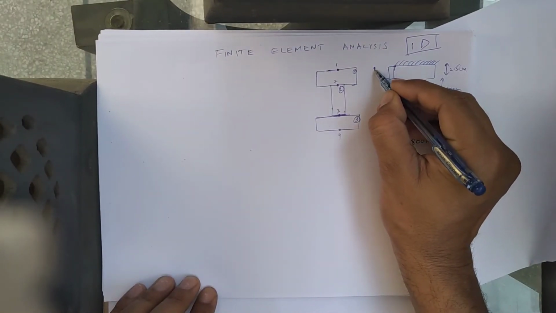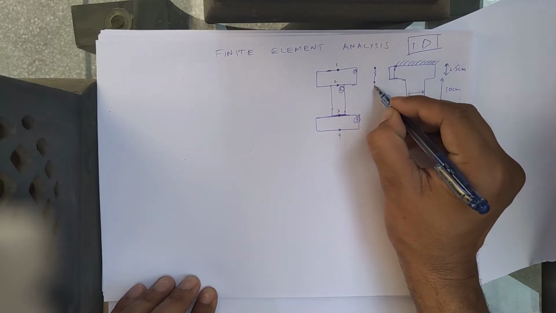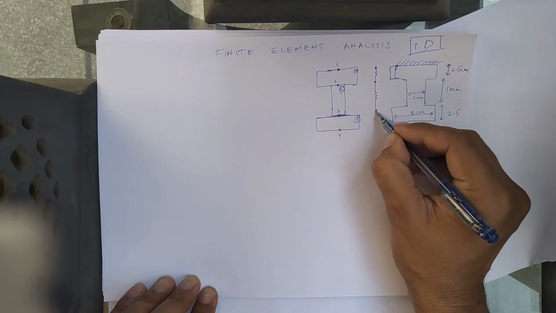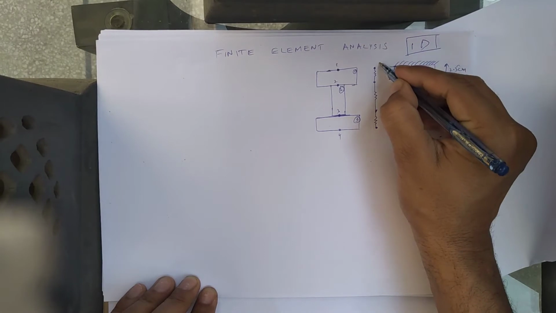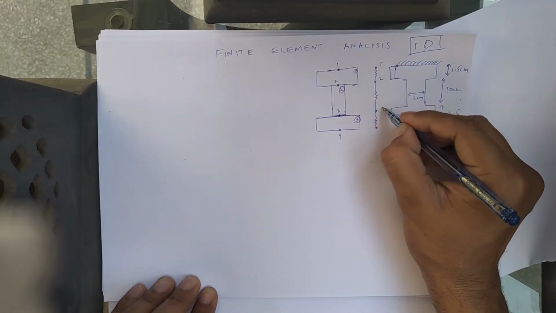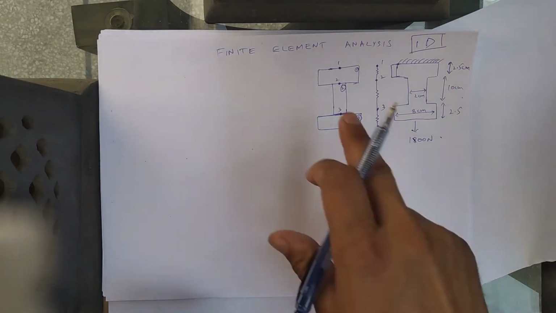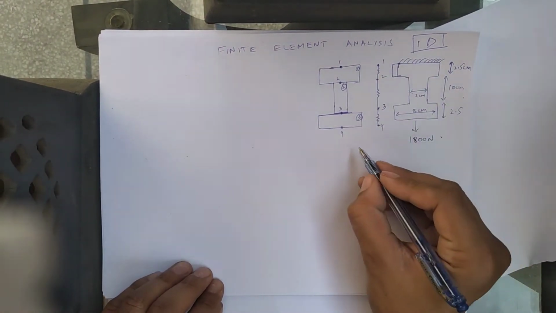We have a node here, and we can have a spring-like thing in between them. So node 1, node 2, node 3, and node 4. In a one-dimensional problem, we assume that we have a deformation only in one direction.